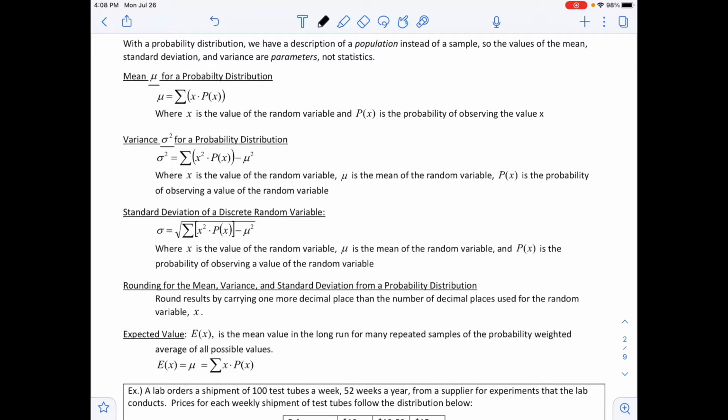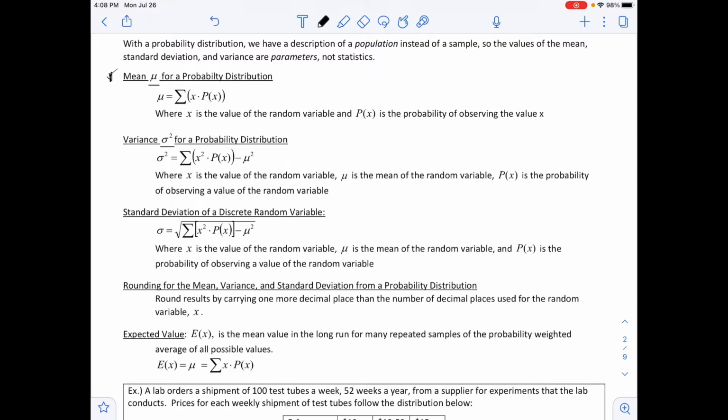That gets us sigma squared, or the variance, where x is the value of the random variable, mu is the mean of the random variable, and p of x is the probability of observing the value of that random variable. Then the standard deviation, again, is the square root of the variance.